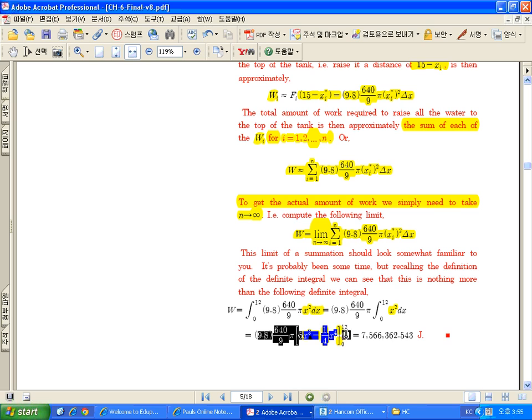So this value gives us this. There was a mistype of this here, here, here, and here.